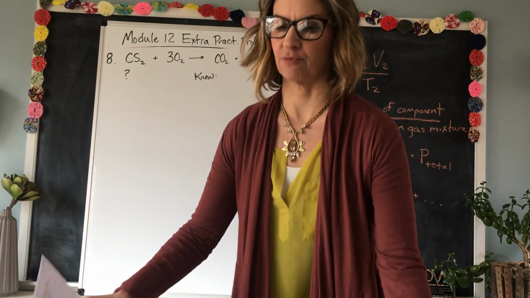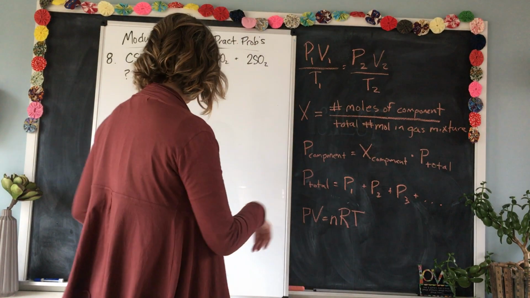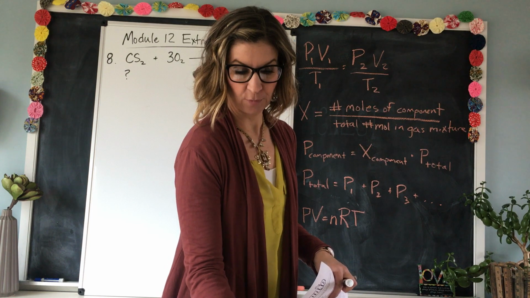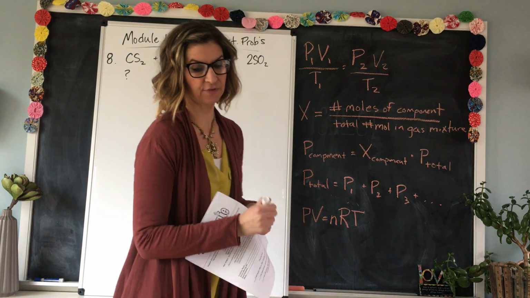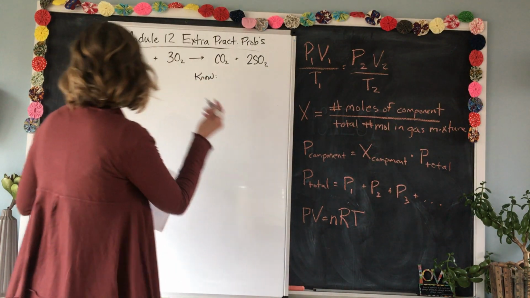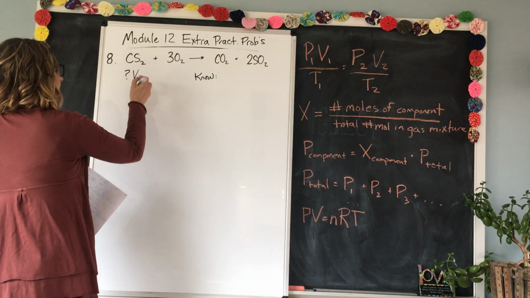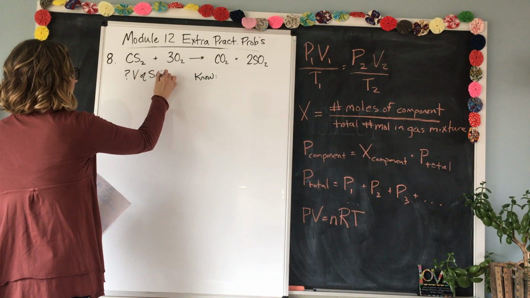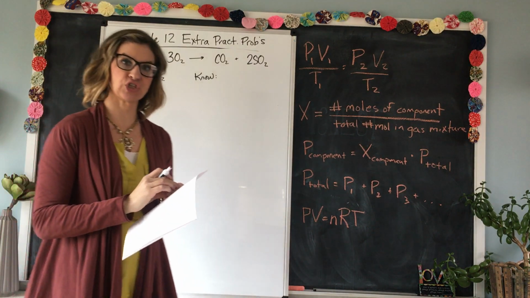All right, so let's start with identifying what we are looking for. In the problem it says, what volume of sulfur dioxide? So we're going to be looking at finding the volume of sulfur dioxide, which would be SO2.